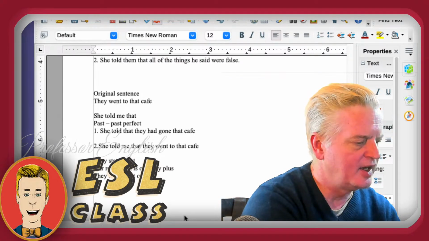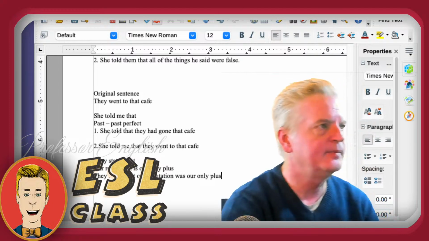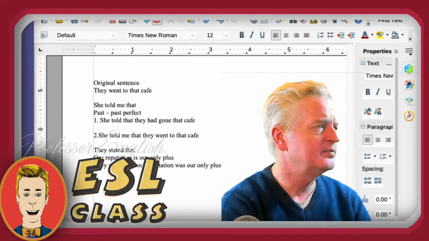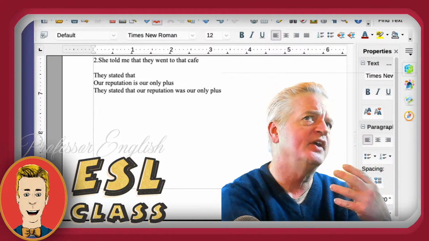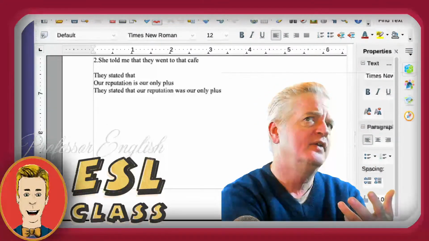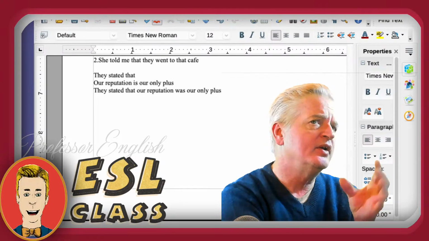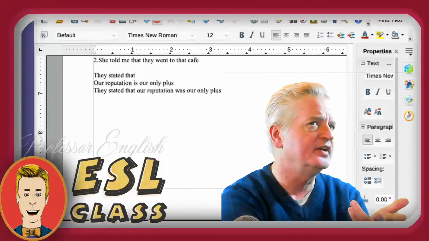I'm just going to write that out. They stated that our reputation was our only plus. Okay, this is actually not a good sentence because remember the rules for reported speech. If something is always true, then you should not change the verb tense. But I think it's really helpful to think about this connection idea.